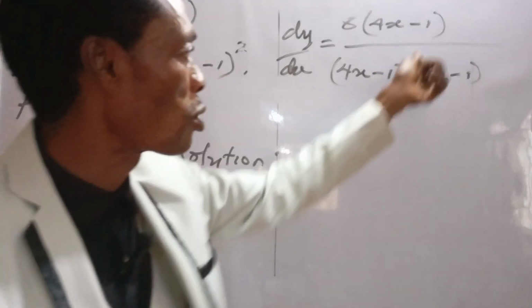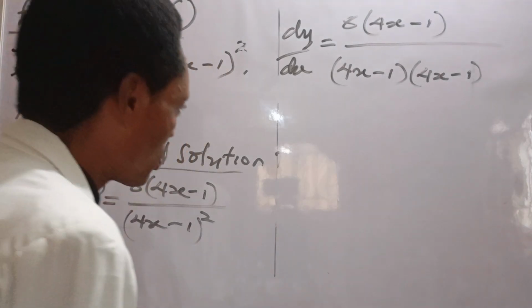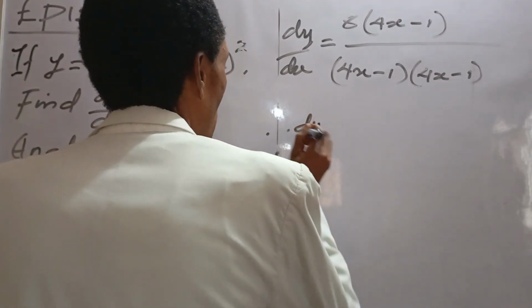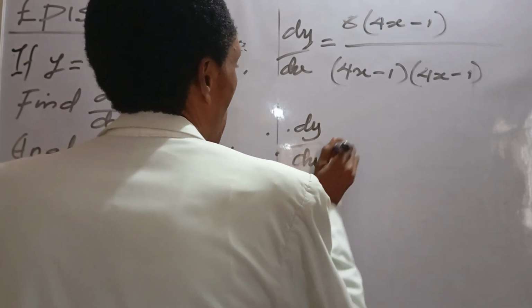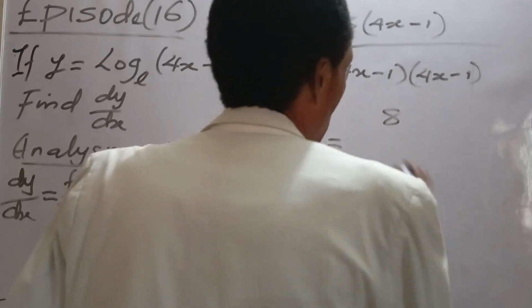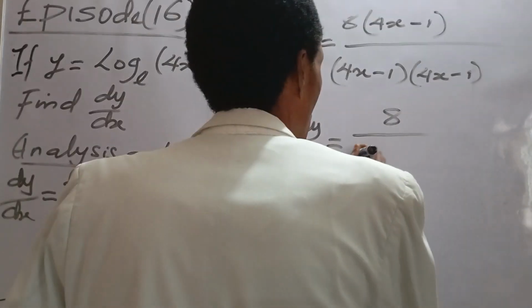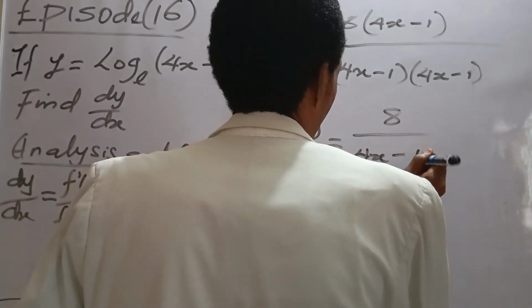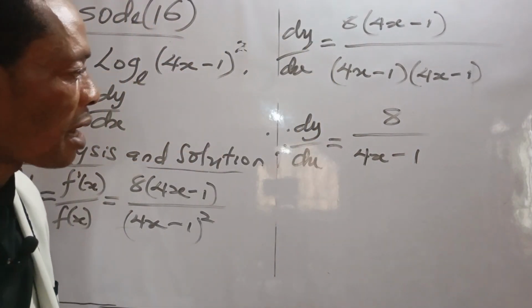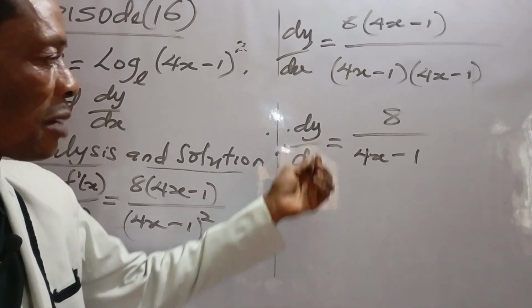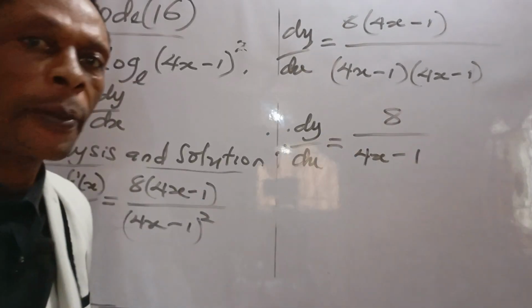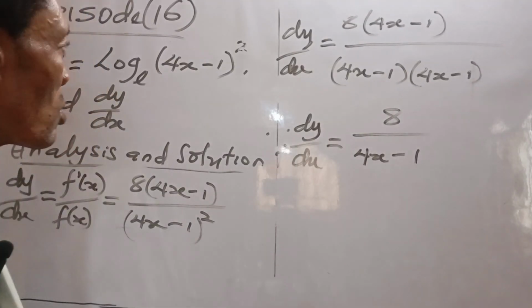This will enable you to cancel out. So finally, when we cancel this, we are left with 8. We have finally arrived at our answer as dy/ds equals 8 over 4s minus 1. I think this is the answer to this very question.